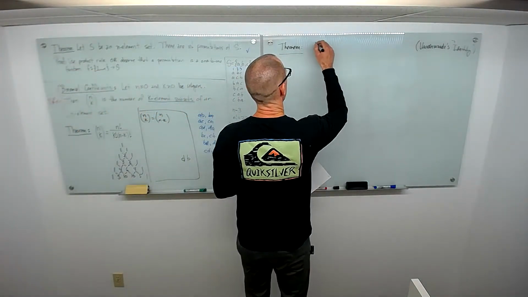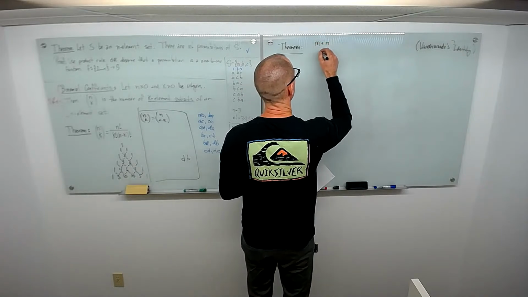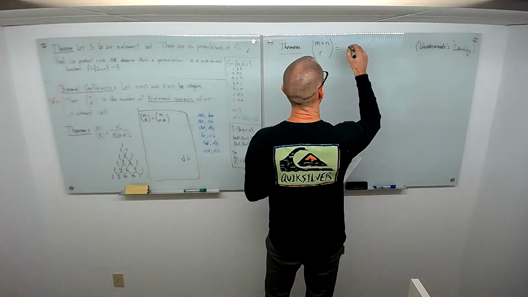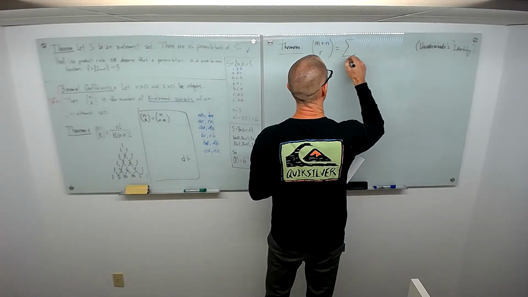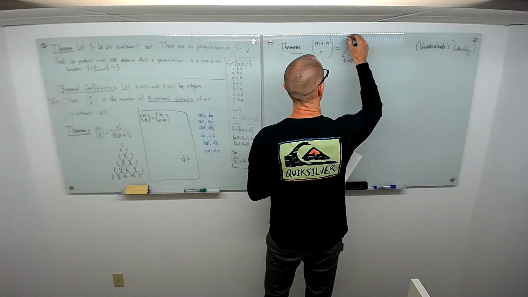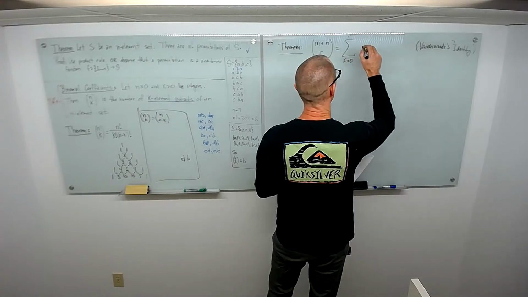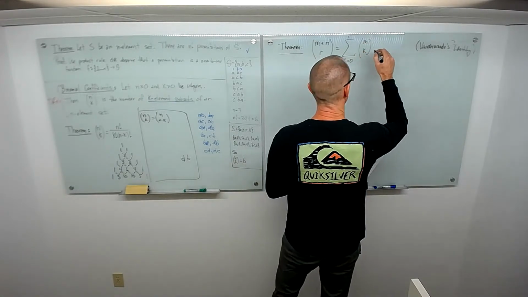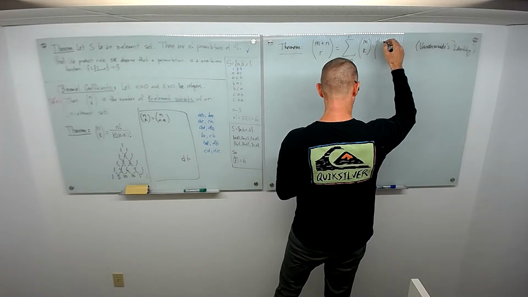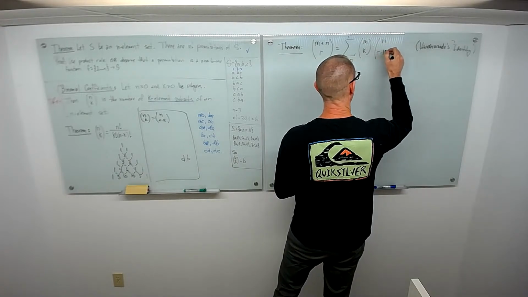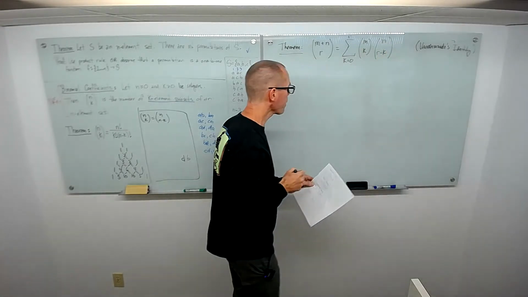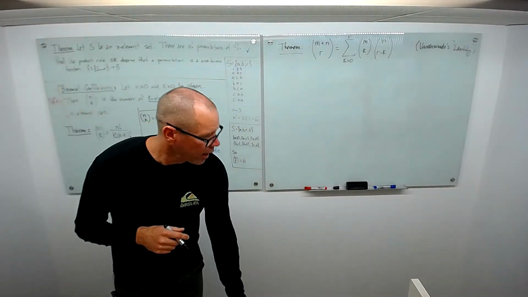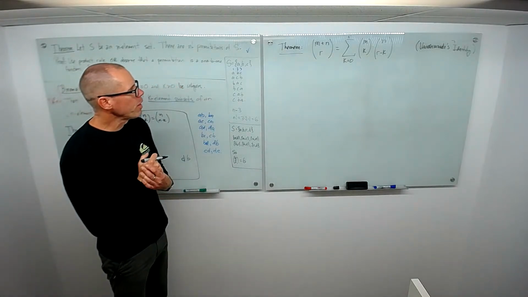It says that m plus n choose r is equal to the sum from k equals 0 to r of m choose k times n choose r minus k. So, scary looking thing.